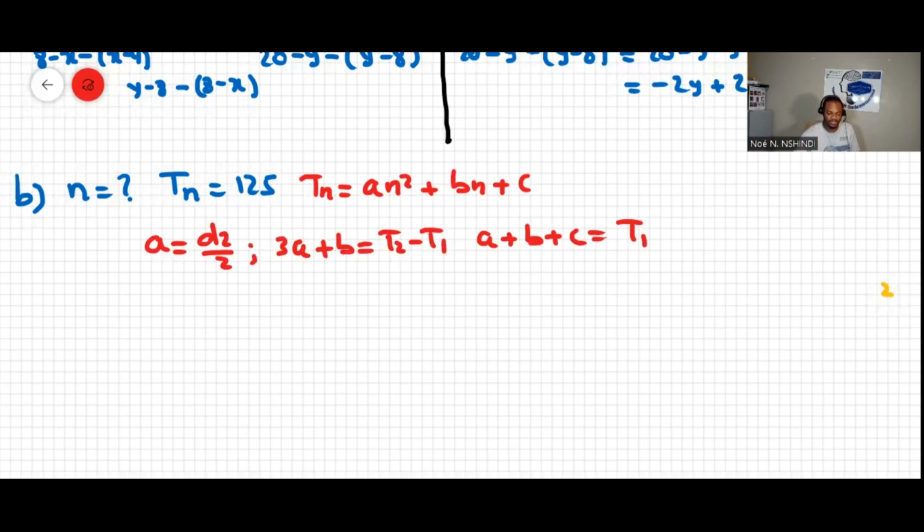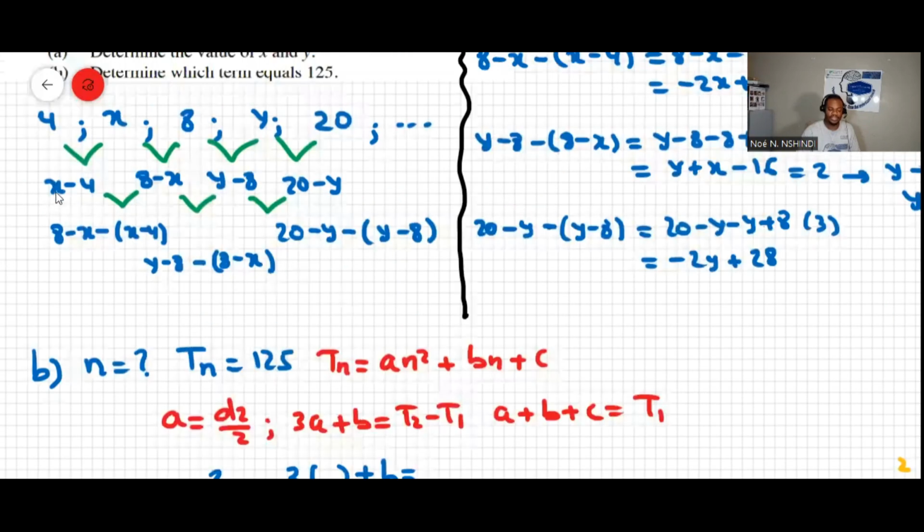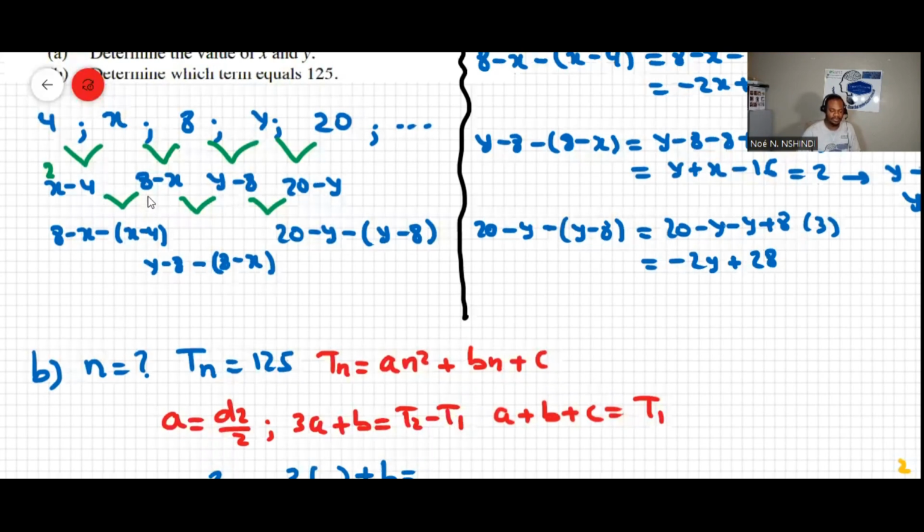Now we can substitute here. The second difference is equal to 2, so a is 2 over 2, which is 1. Then 3 times a plus b equals t2 minus t1. We know that x is equal to 2, so we substitute 2 there because this is term 2.